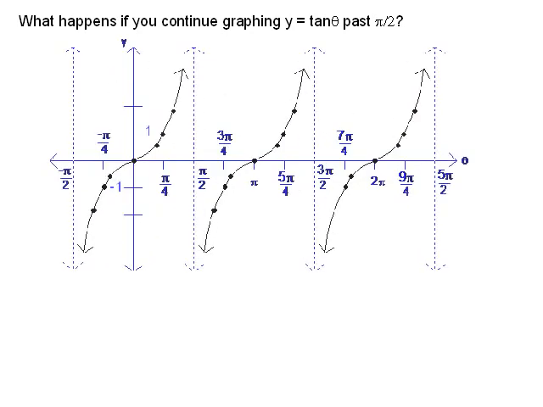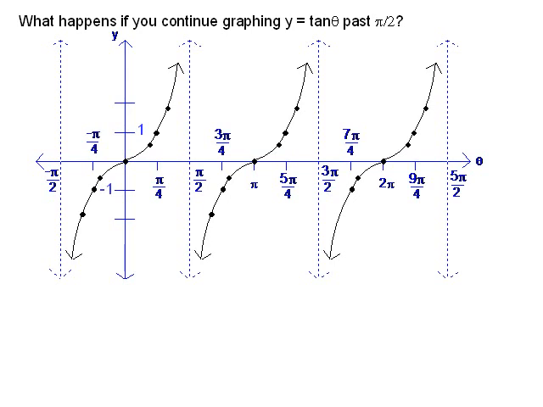So if we want to continue graphing past pi over 2, what do we think is going to happen? Well, we know that we can continue around the circle for degree measurements greater than 90 degrees. So that should already give you a clue that tangent of theta is going to go on past pi over 2.